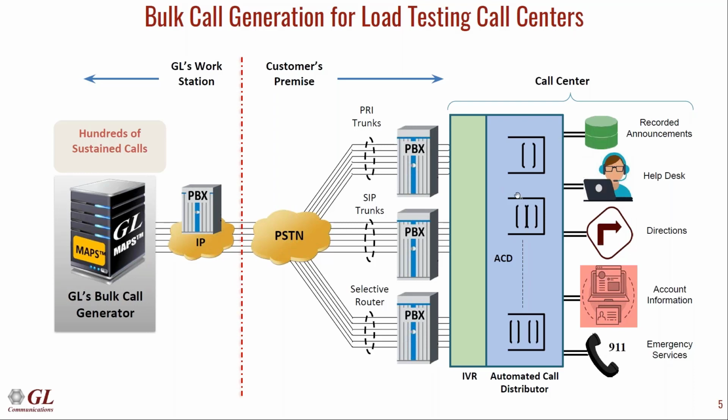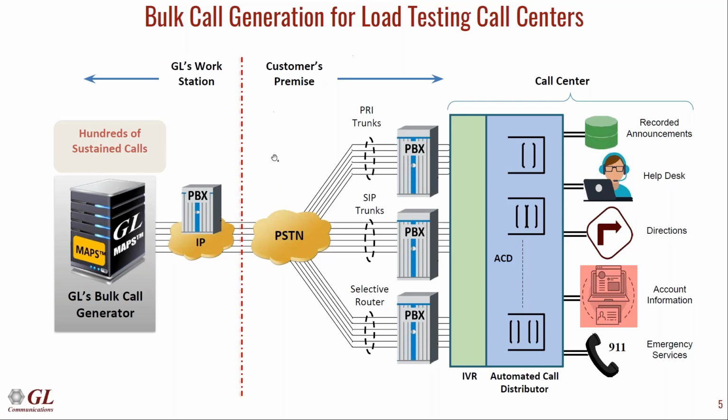So maybe this customer needs to talk to a physical person. Maybe this customer just needs to hear some recorded announcement, or maybe they're just looking for something simple like directions or account information. Or, again, in the case of emergency services, they're going to talk to a physical person. So at a high level, this is basically how these call centers are constructed.